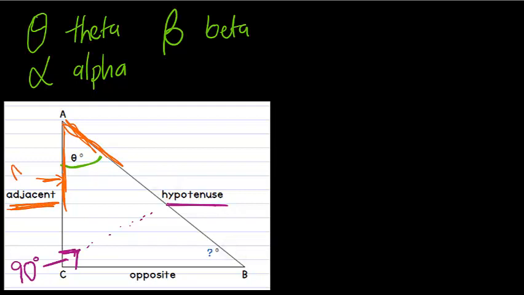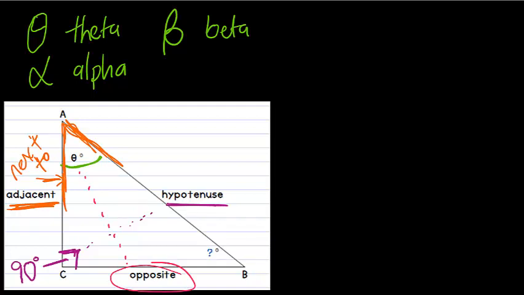Adjacent also means next to. So the side that is right next to theta, in other words, one of the legs of theta forms that side, is called the adjacent side. And then the one that is opposite theta is called the opposite side.